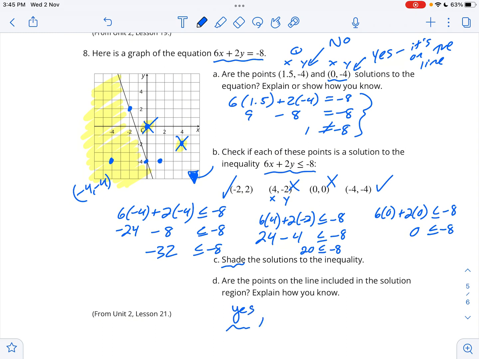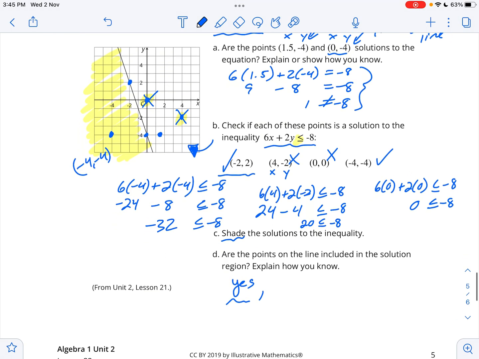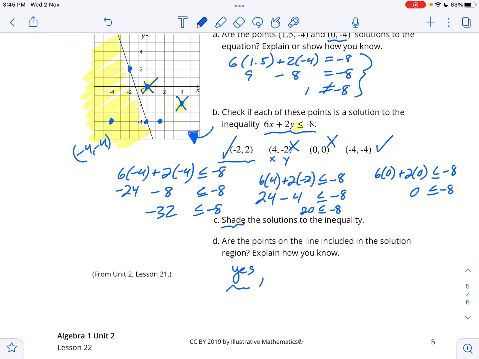The reason I know is that this is a less than or equal to problem, and I also checked by looking at (-2, 2): it's on the line, and it makes the inequality true. So how do you know?